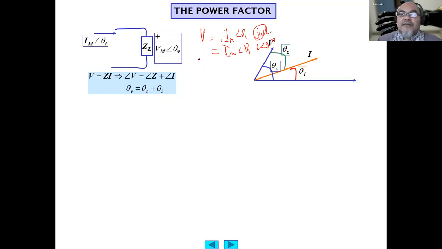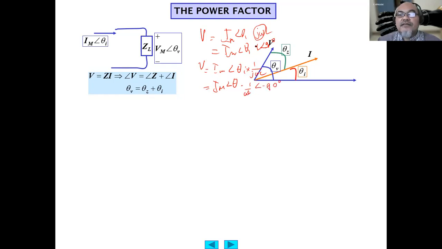And vice versa, if it is capacitive, then V will be equal to Im with phase angle theta I, multiplied by 1 over j omega C. If we re-express the impedance in the capacitive case, it will be 1 over omega C in magnitude, with a phase angle of minus 90 degrees.